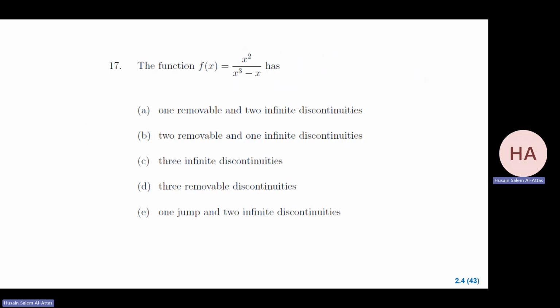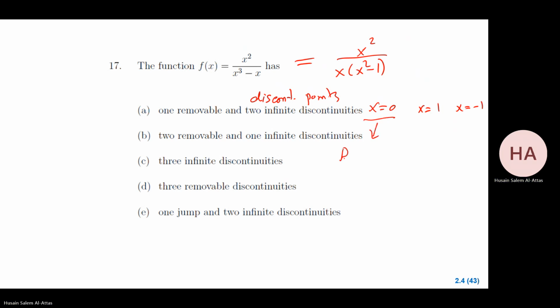The same idea. I have x squared, have x times x squared minus 1. What are the points of discontinuity? x equals 0, x equal 1, x equal minus 1. This one will be removable because you can cancel this with this, so there is nothing here.